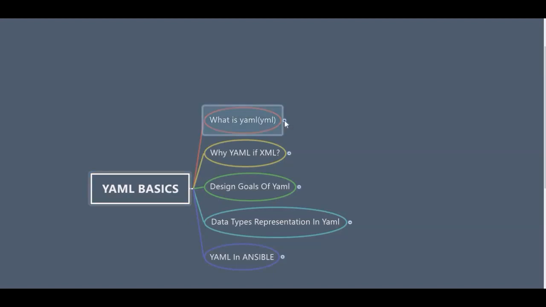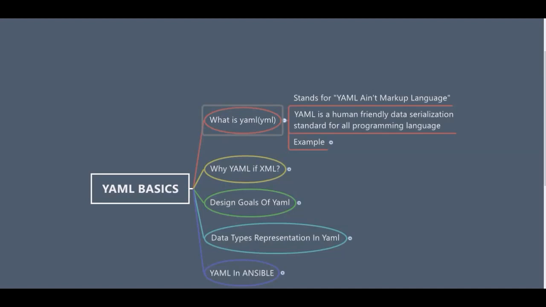So what is YAML? YAML stood for Yet Another Markup Language earlier, but now it is called YAML Ain't Markup Language. Basically, YAML is a serialization language that has increased in popularity over the last few years.